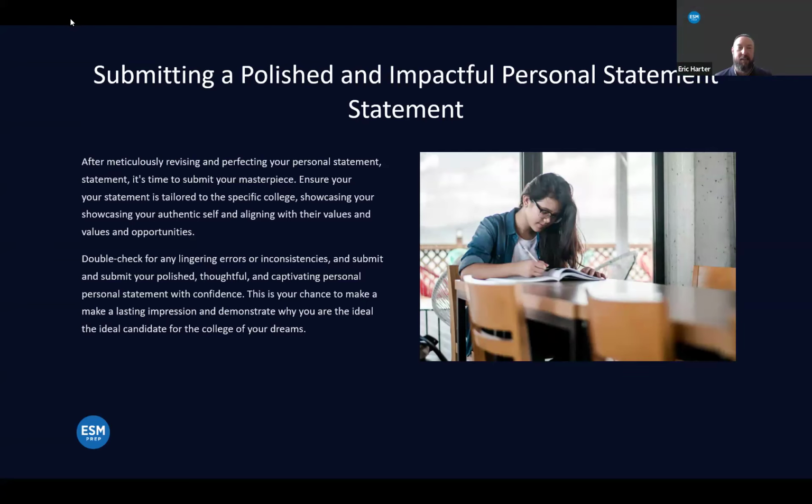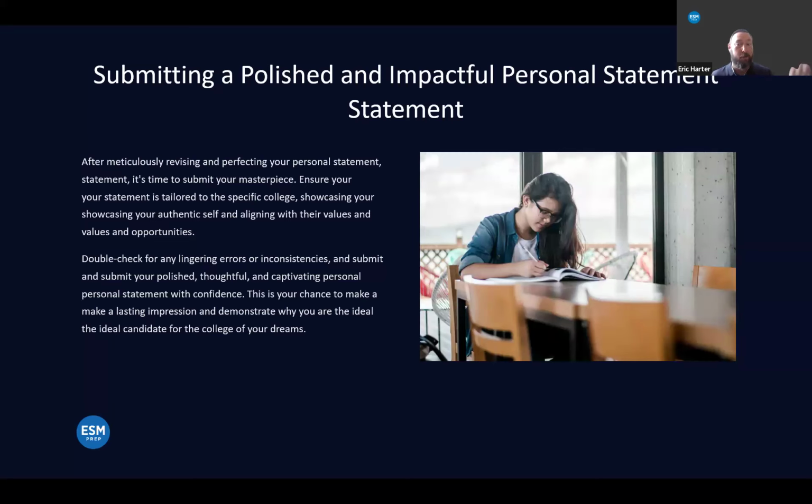Yeah, I think that's really important, and a lot of what we're talking about is the polishing inside the Common App. Use the preview. Make sure that you print it out, because the formatting in Common App is a pain. If you copy from a Google Doc, it's going to make it bold, and sometimes the spacing and how the paragraphs look won't be right. So use the preview function to make sure that it looks right.